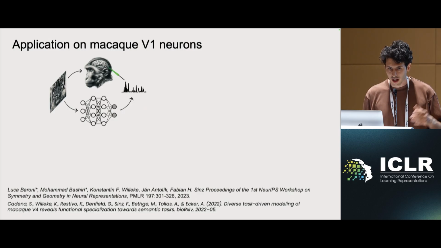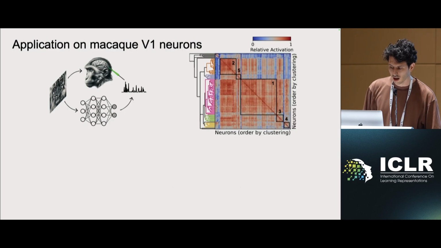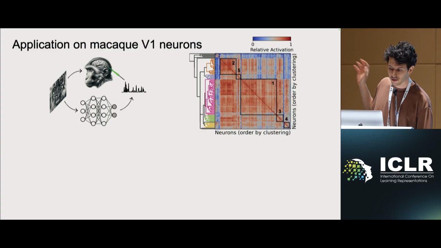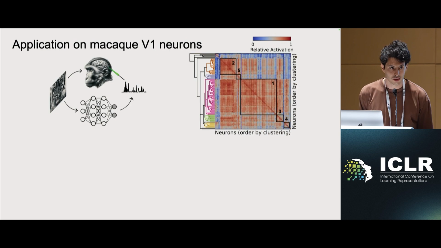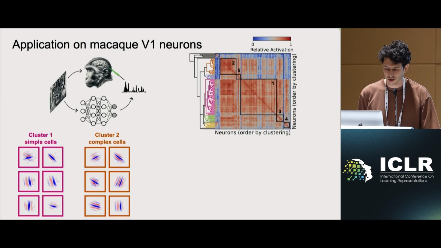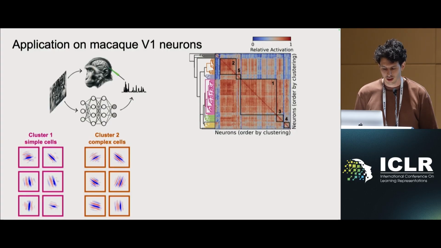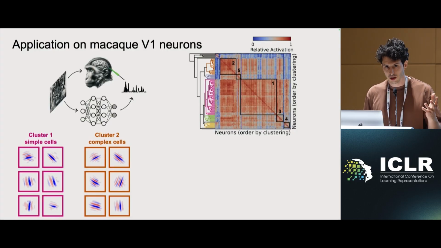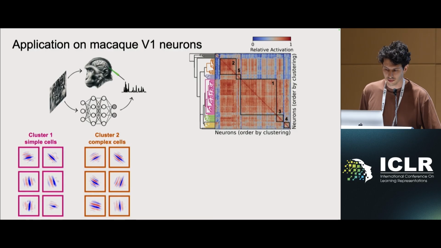We trained our model and selected the top 100 best predicted cells. We applied our method and identified in this way 5 different clusters of neurons. The largest 2 of which represent, as we expected, the known functional cell types of simple cells and complex cells present in the primary visual cortex of macaques.